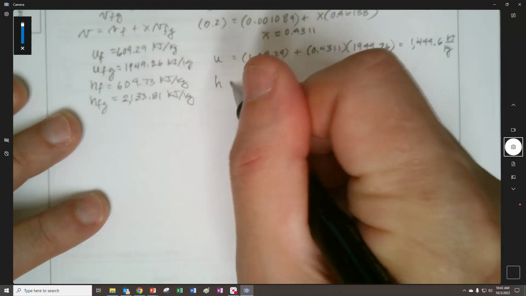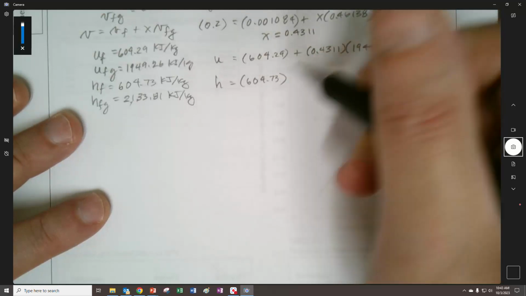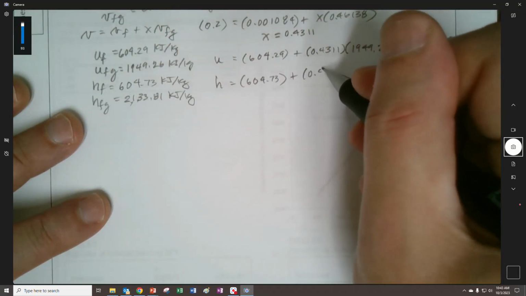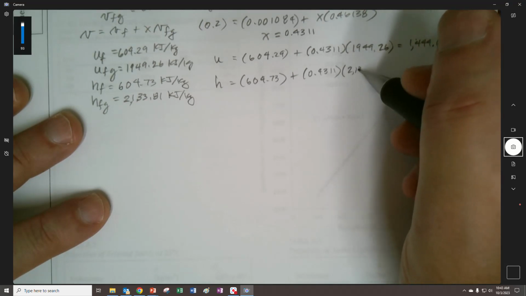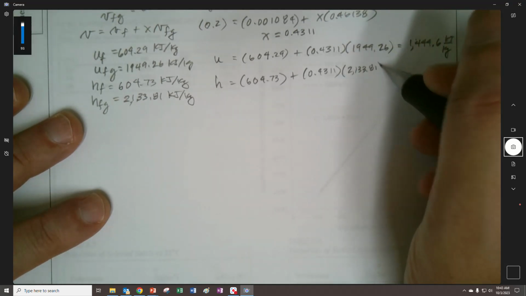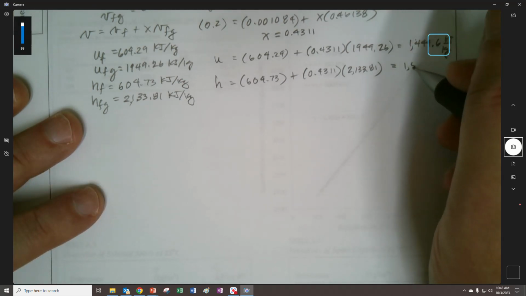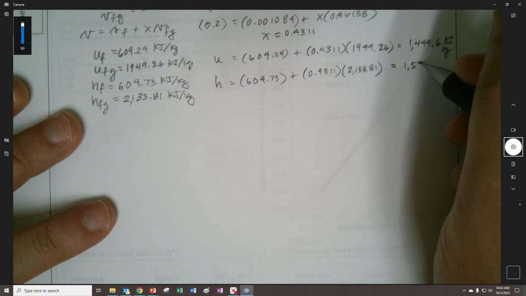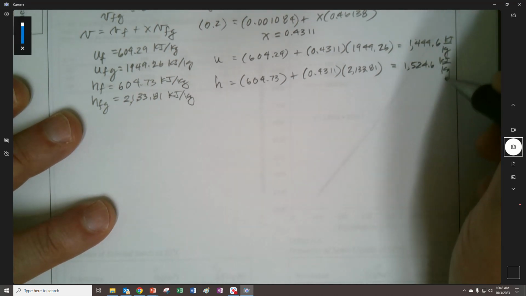So the h is going to be 604.73 plus 0.4311 times 2133.81, and that's going to be equal to 1524.6 kilojoules per kilogram.